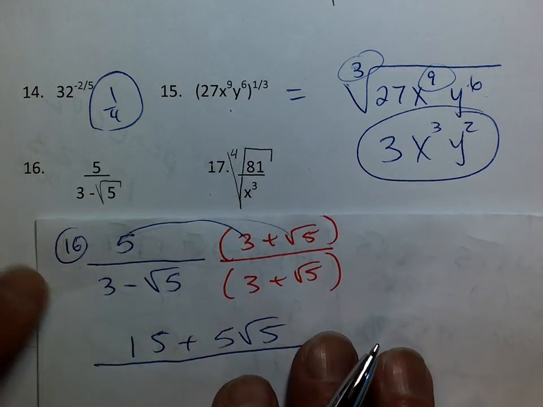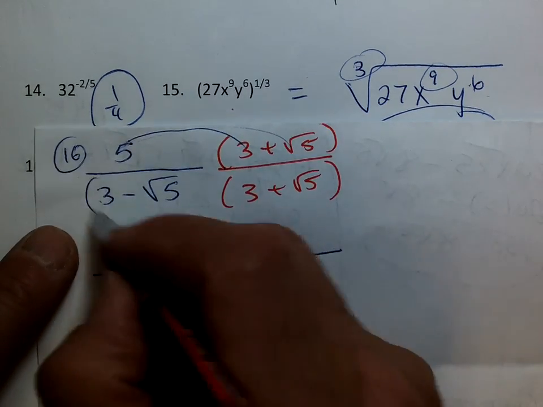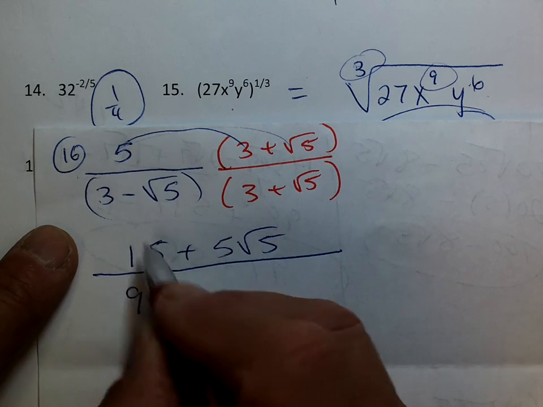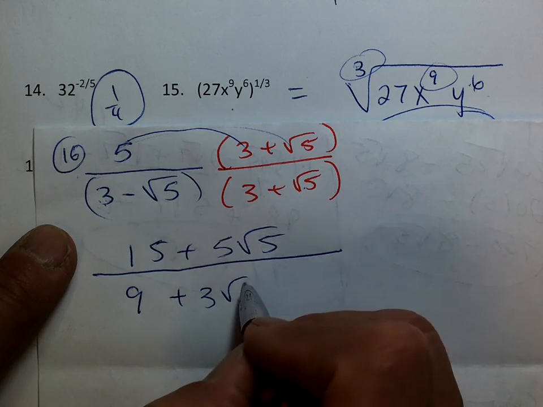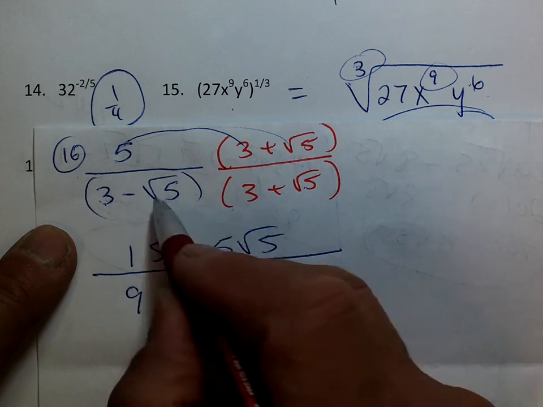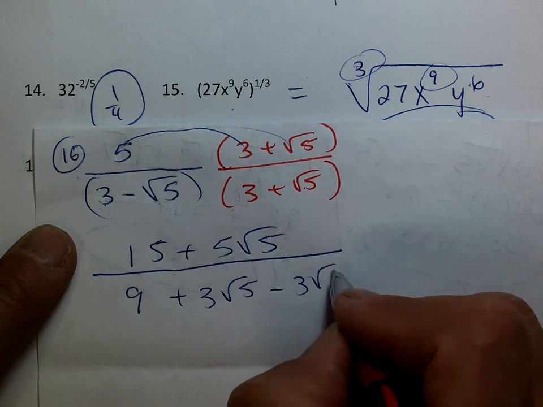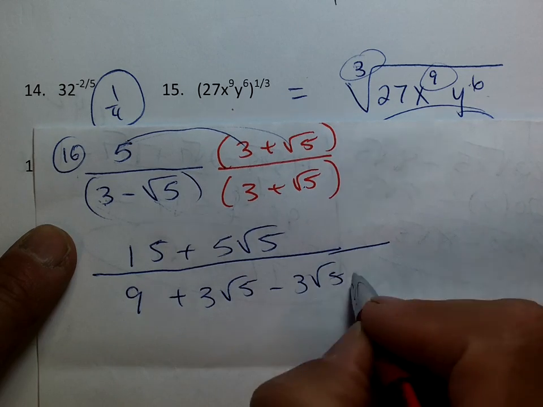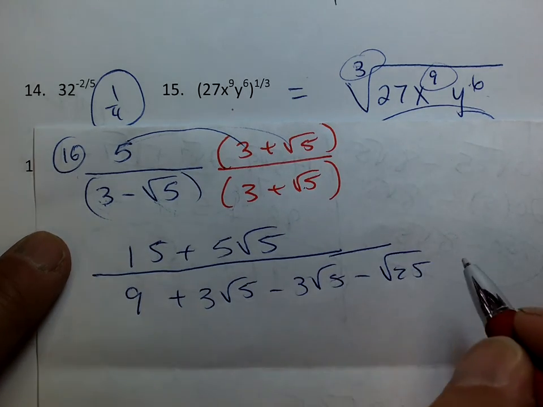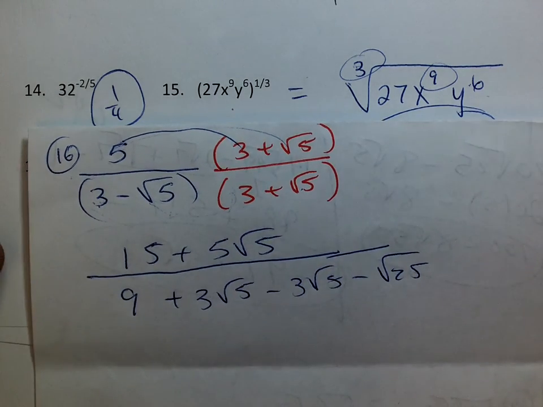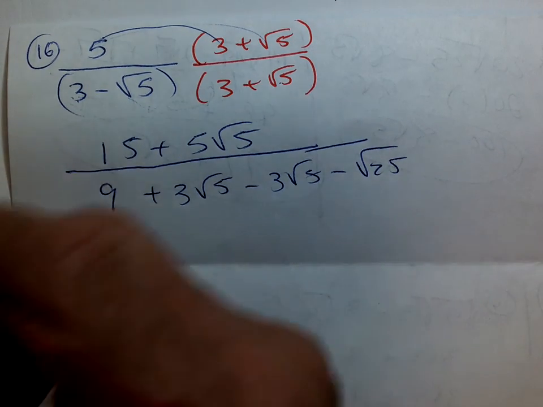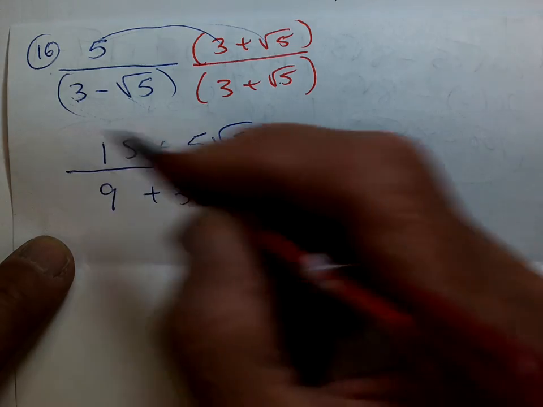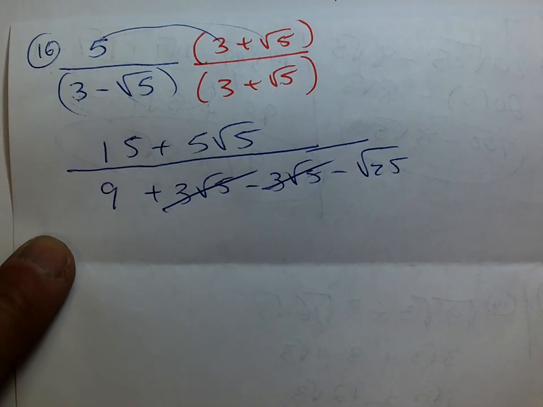In the denominator, we're going to get a 9 plus 3 square roots of 5. I'm just foiling. Minus 3 square roots of 5 minus the square root of 25. How am I doing, okay? Let's see. Well, that cancels with that, right?